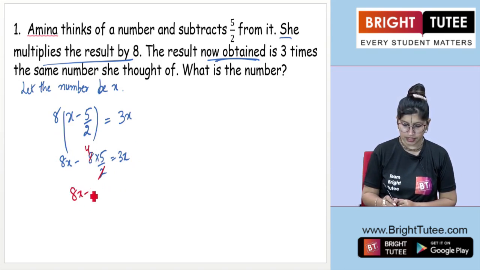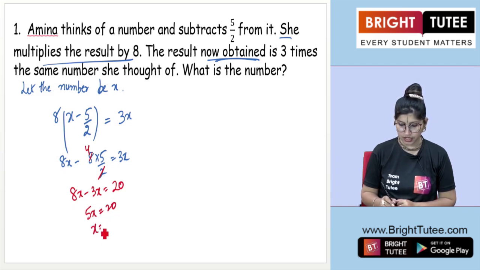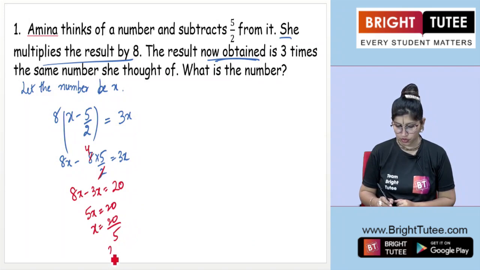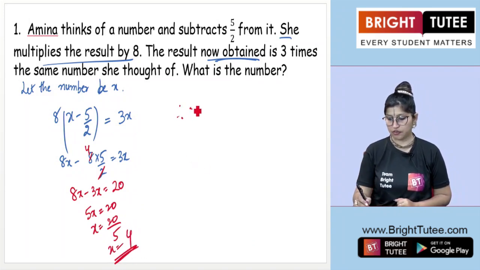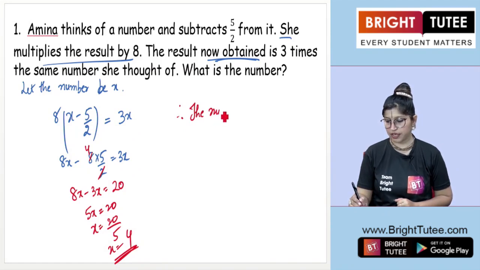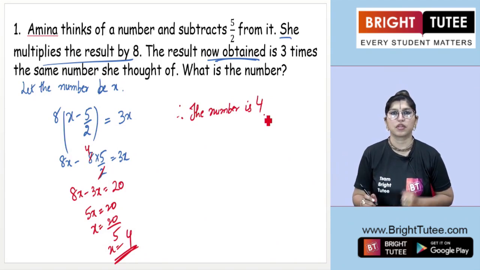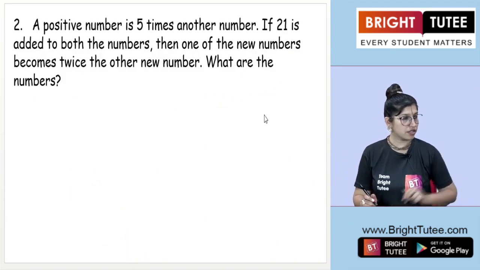So we are getting 8x minus 3x equals 20. 5x equals 20, x is 20 over 5, which is 4. So x is 4, therefore the number is 4.